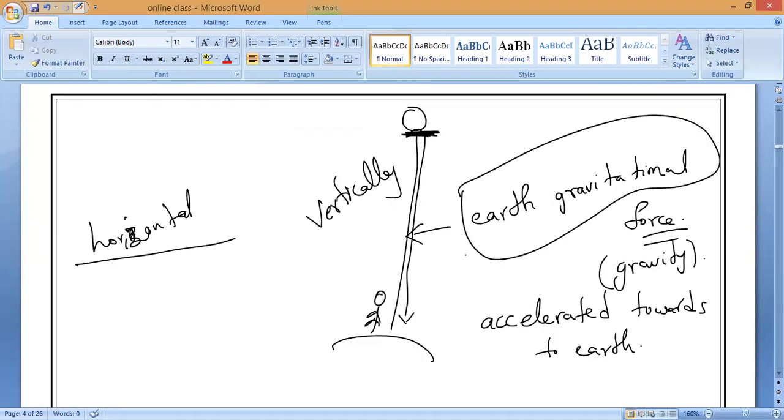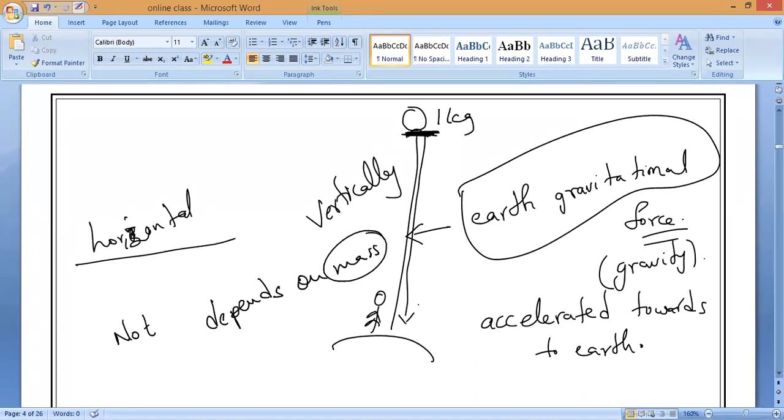This acceleration towards the earth does not depend on mass. Suppose Harish throws a 1 kg stone and Danishkar throws a 500 gram stone. Whatever it is, once they reach the maximum height, they will fall towards the earth with the same acceleration.